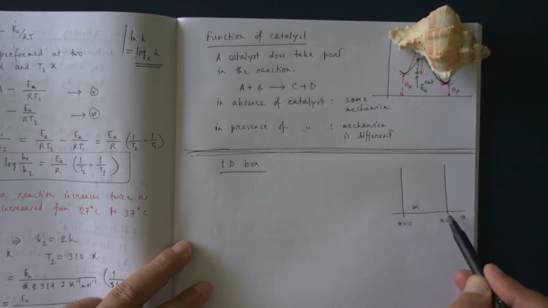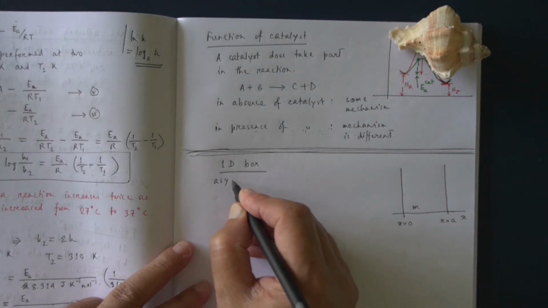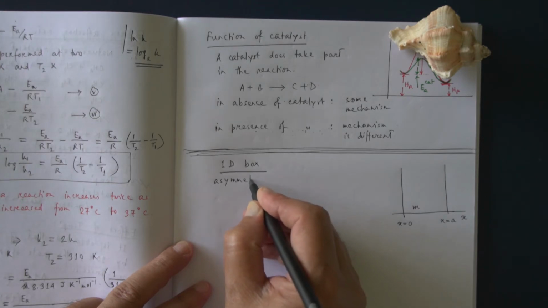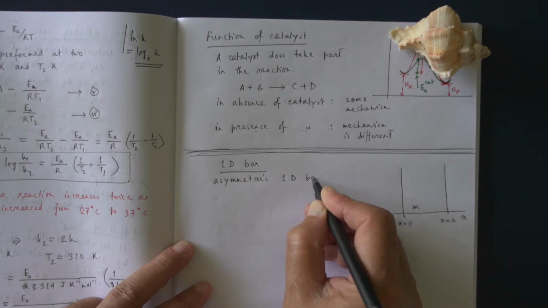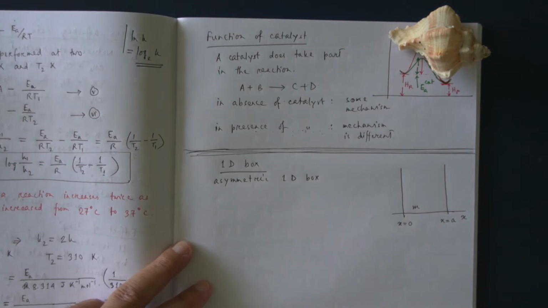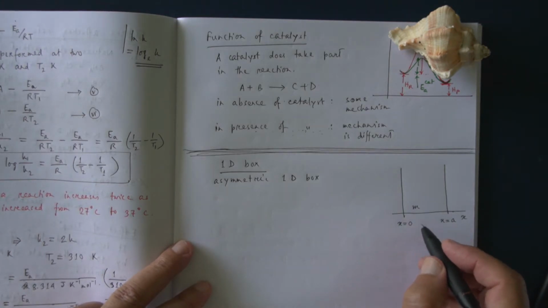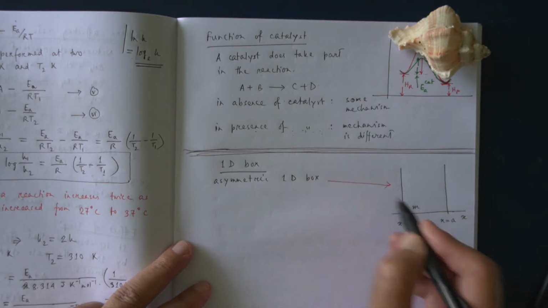x equal to 0, x equal to a, then generally we call it an asymmetric 1D box. Okay, one dimensional box.